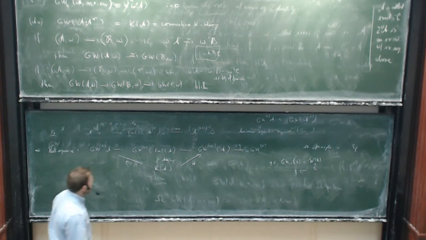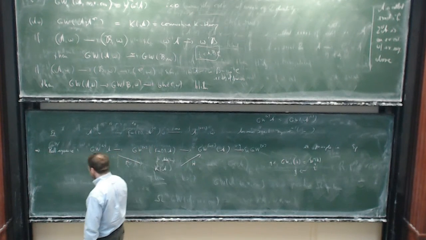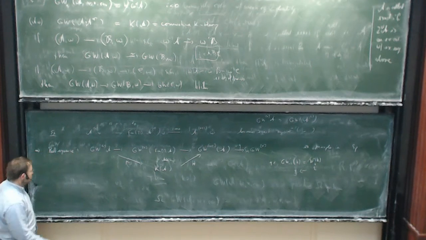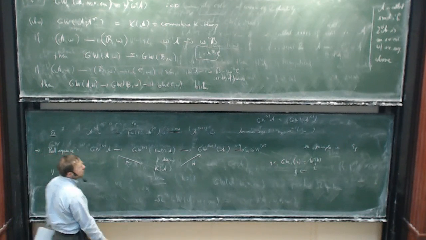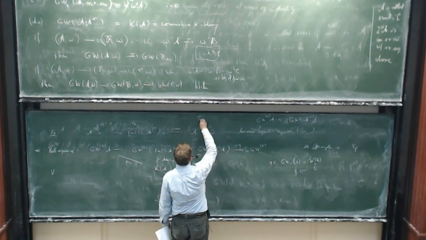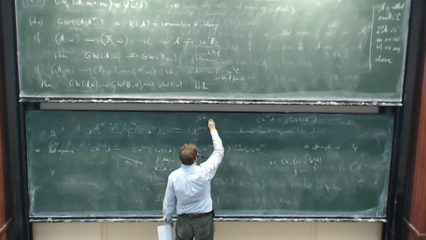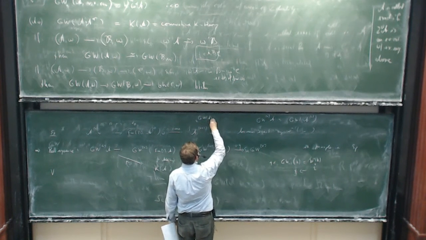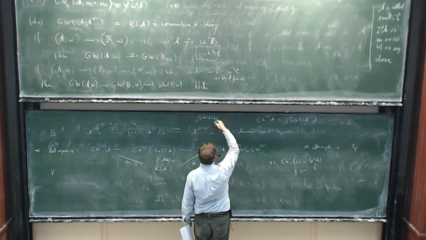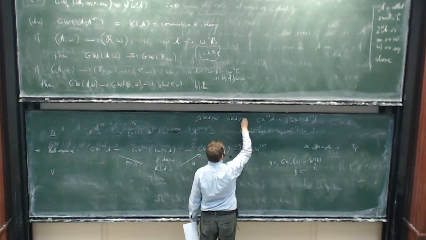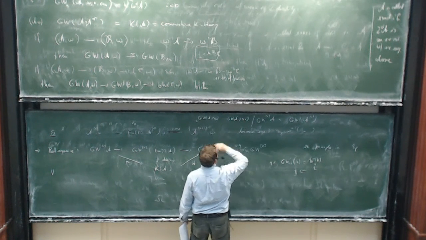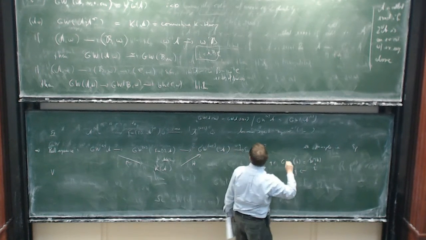Classically, there are definitions of KO. So let me introduce another notation. I'm going to write GW epsilon. You always have the canonical identification, but you can change it to epsilon, where epsilon is plus or minus 1.